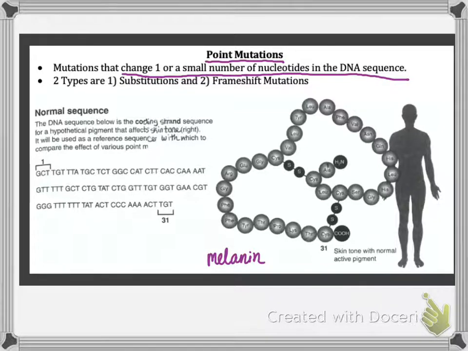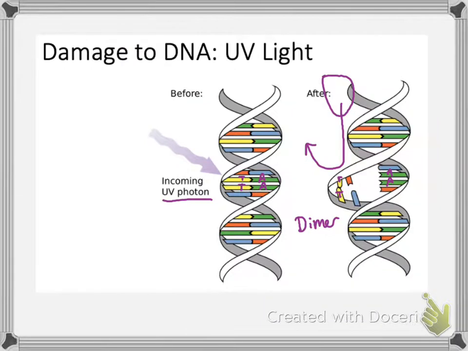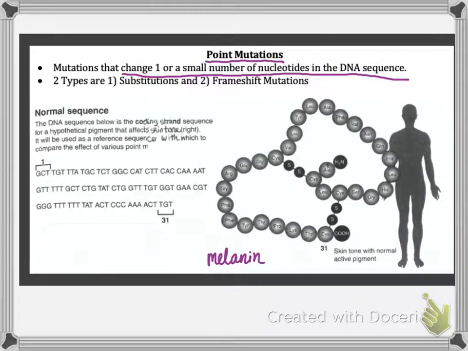So we learned about this with our previous case study, right? Melanin helps block UV light, protecting you from UV damage that can lead to mutations like we see here. So it's good to have more melanin if you live, say, closer to the equator where you have more UV exposure.